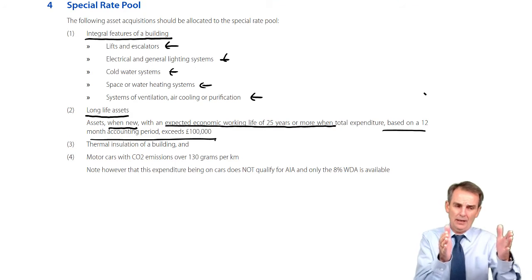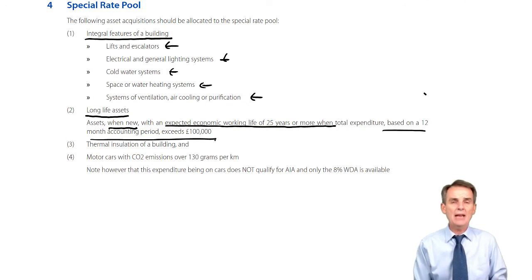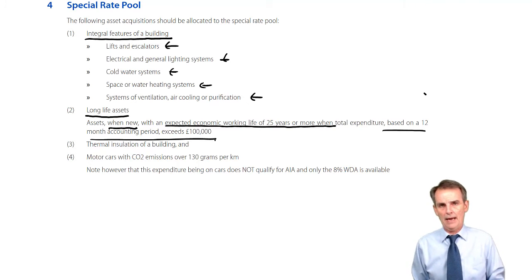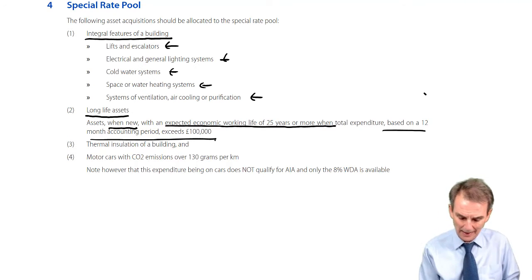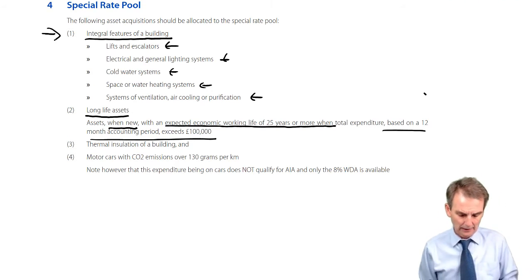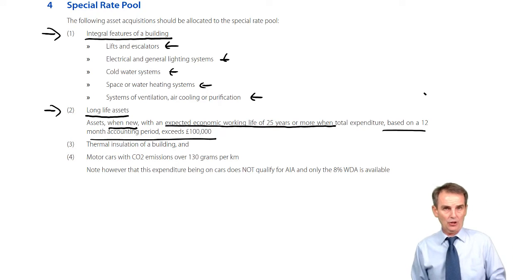If we buy asset 1 this period, asset 2 next period, 80,000 is less than the £100,000 limit, assuming both periods are at least 12 months, and on that basis they are not long life assets. That means if any of the expenditure does not qualify for AIA, not a problem, you'll then get 18% writing down allowance. So integral features are the most likely one to see, and probably the next most likely one is long life assets.